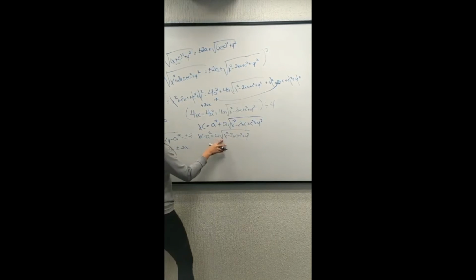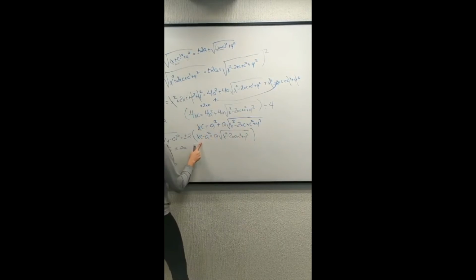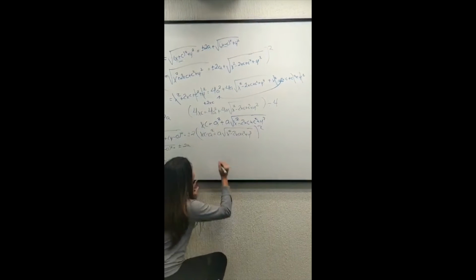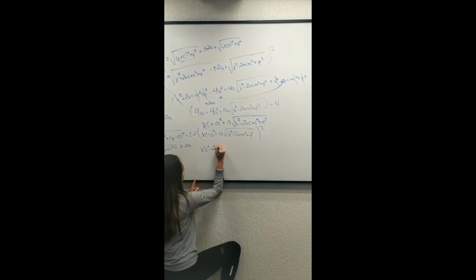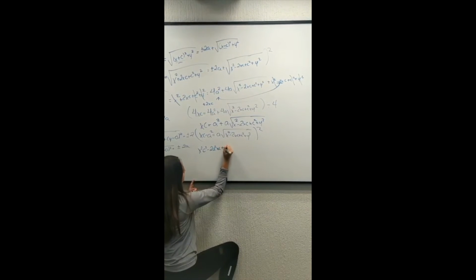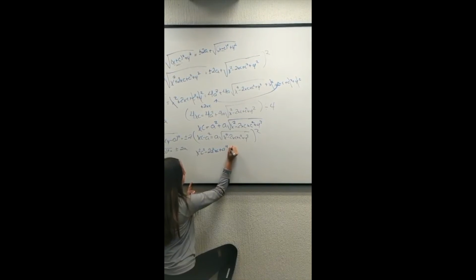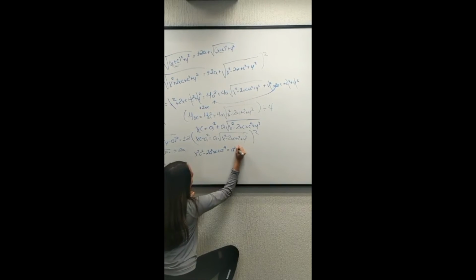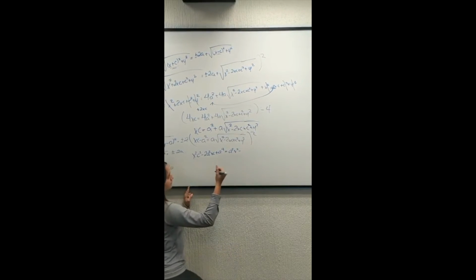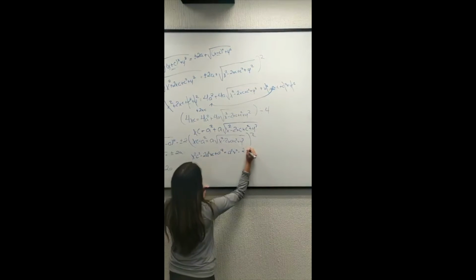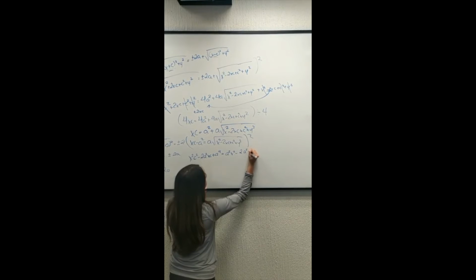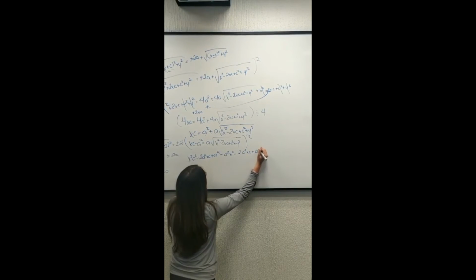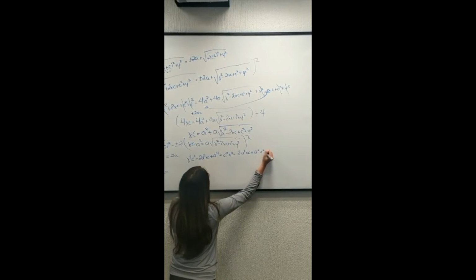To eliminate this square root, we square both sides of this equation. So we got (xc minus a squared) squared equal to a squared times (x squared minus 2xc plus c squared plus y squared).